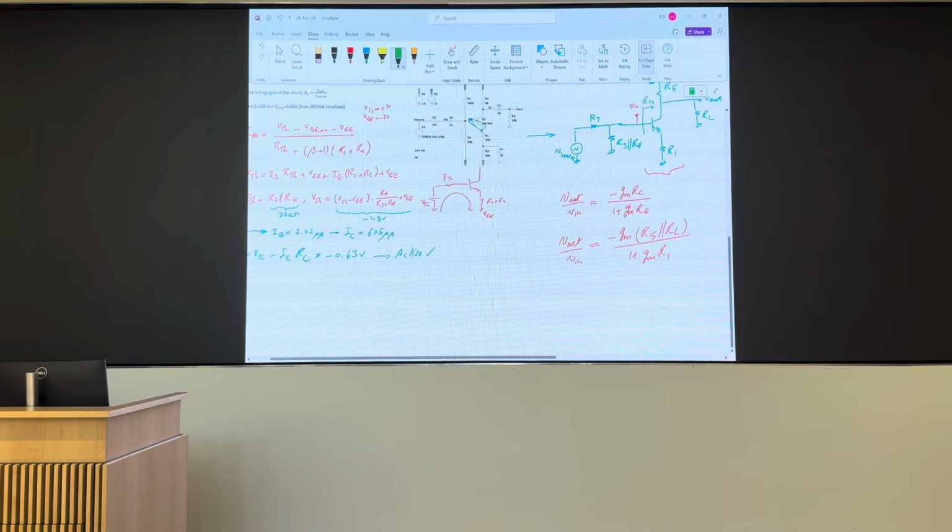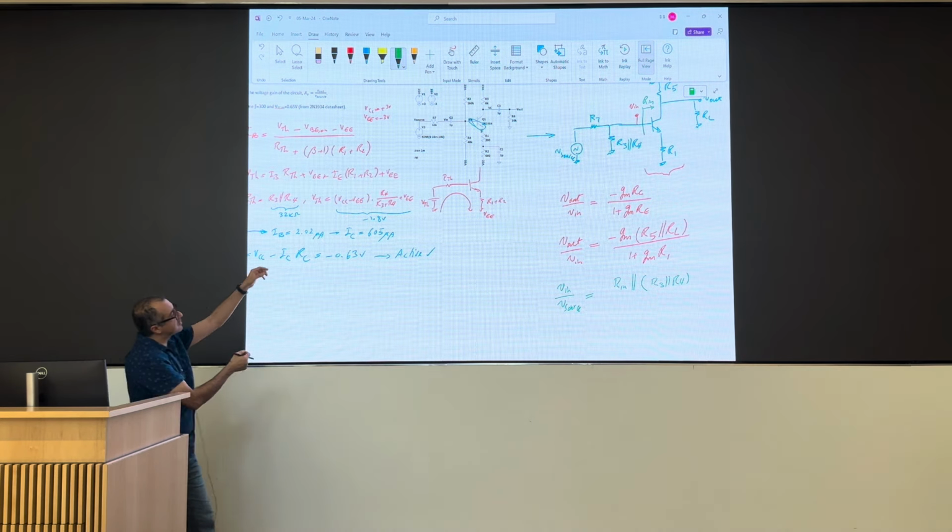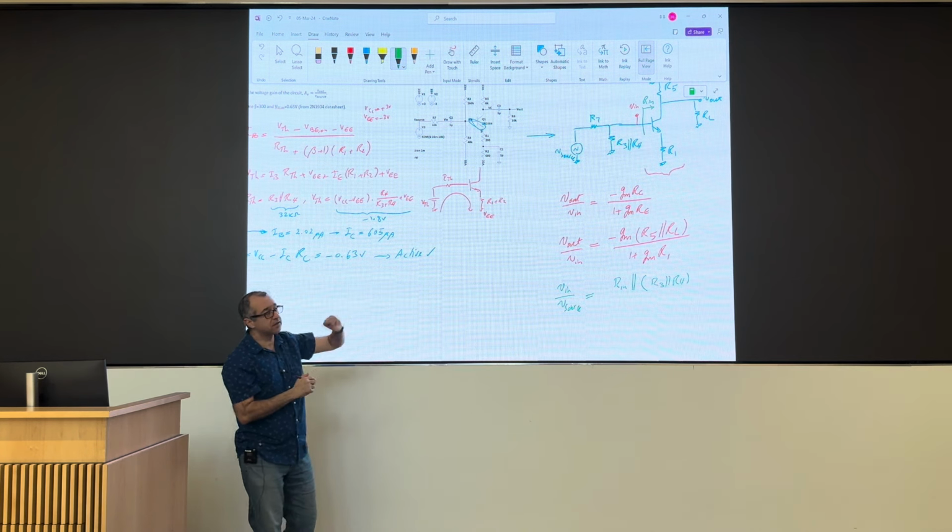So V in over V source is whatever that R in is, in parallel with R3, in parallel with R4. That's the combination of resistors from node V in to ground.